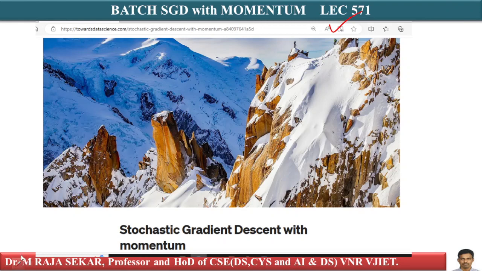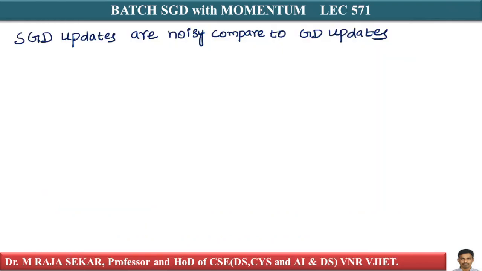In this lecture, we will try to understand batch SGD with momentum. In the previous lecture, we saw that the SGD updates are noisy as compared to GD, or gradient descent based updates.